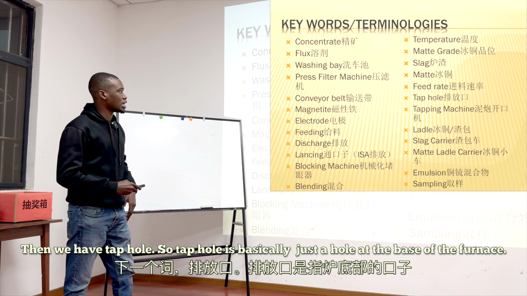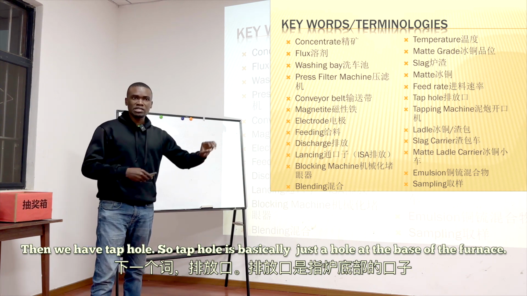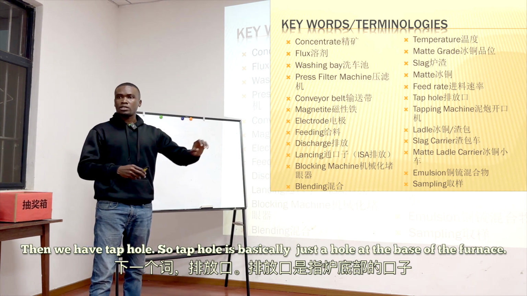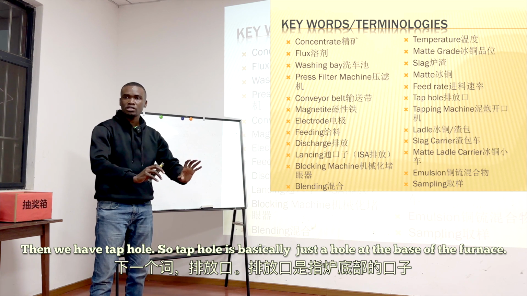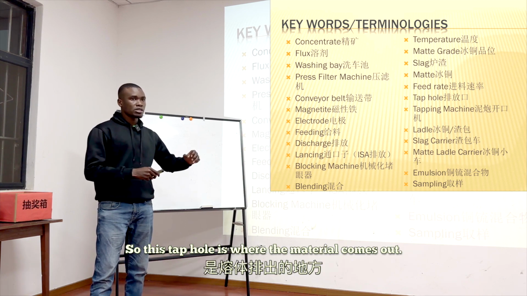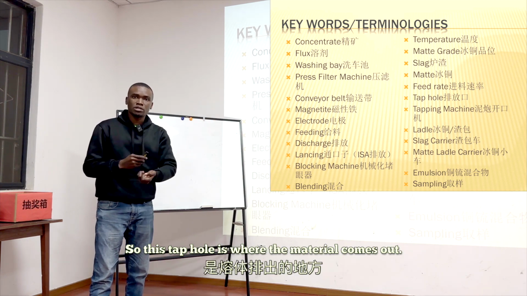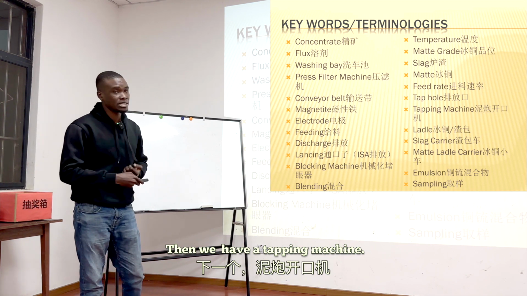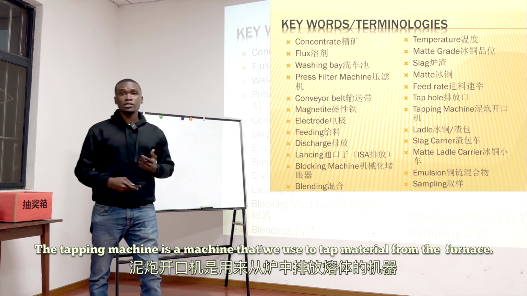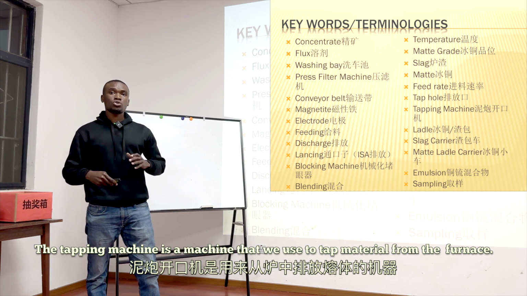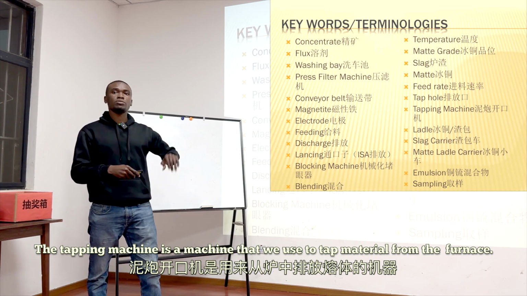Then we have a tap hole. A tap hole is basically just a hole at the base of the furnace. This tap hole is where the material comes out. Then we have a tapping machine. The tapping machine is a machine that we use to tap material from the furnace.